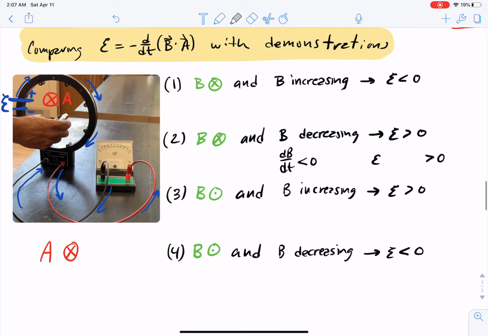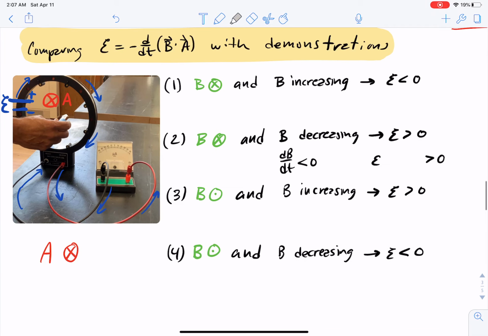Now let's go back and see how to use this in the demonstrations that we already saw. So this is the first one, and let's try to do this really methodically here. With this direction of what we called positive, we had to have going clockwise as the direction of our current.